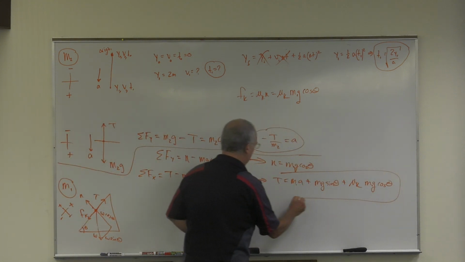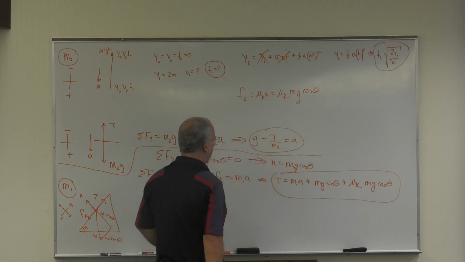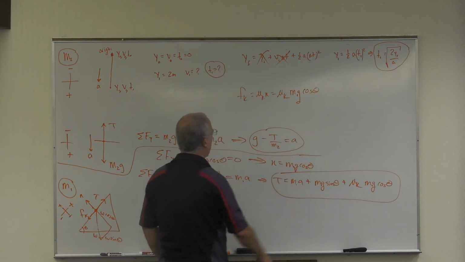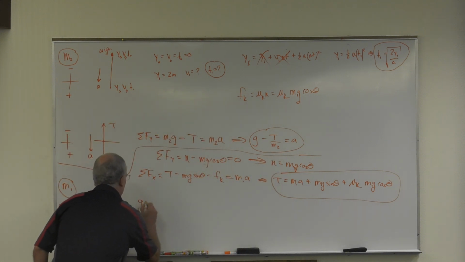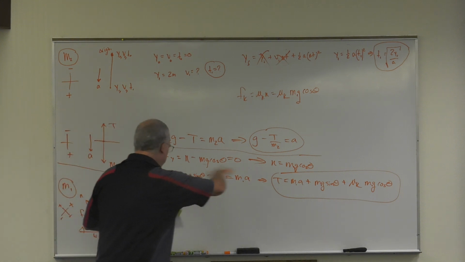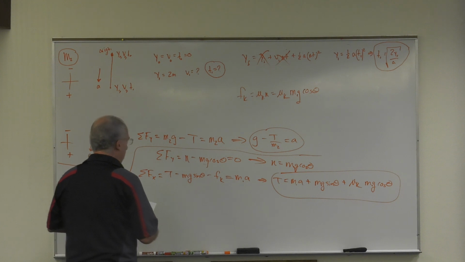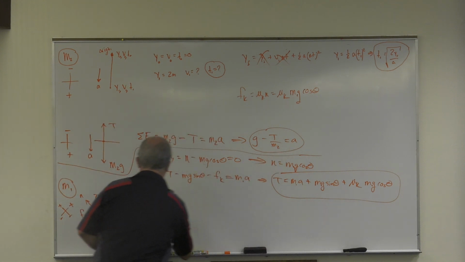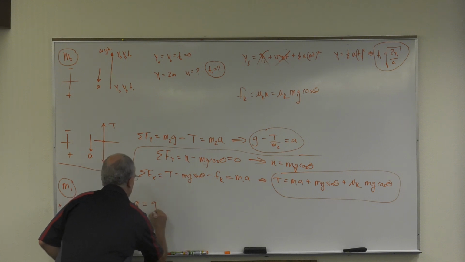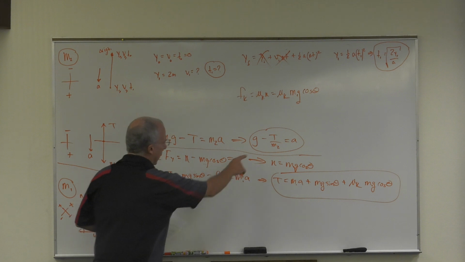Because now I wanted to get the tension, because that's what I needed to solve for A. So I got to stick this T up there. Oh, my goodness. A lot of algebra. So I have G minus this whole thing. We want to get A, so let me just write A. So I have A equals G minus this whole mass divided by M2.